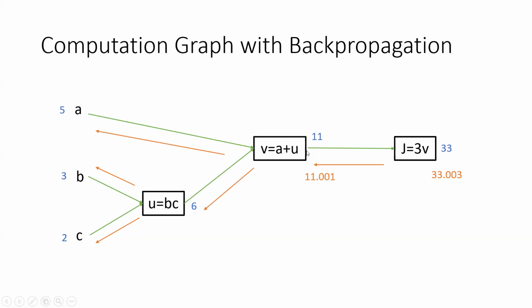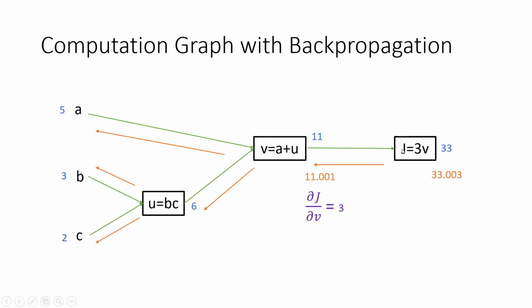Listen carefully: when you increase V by 0.001, J has increased by 0.003. That means when V increased by a little bit, J increased 3 times.